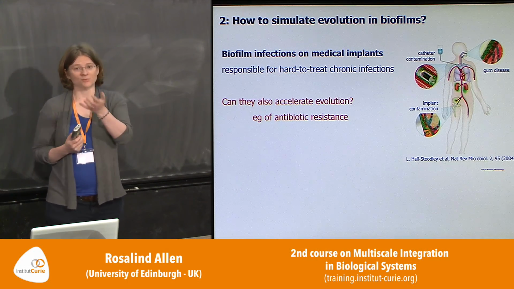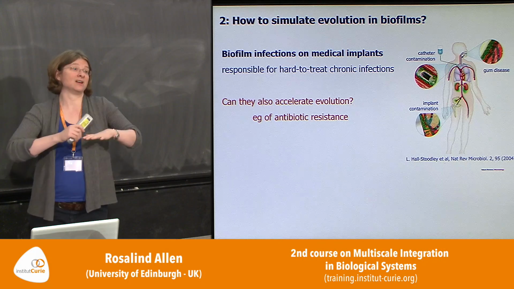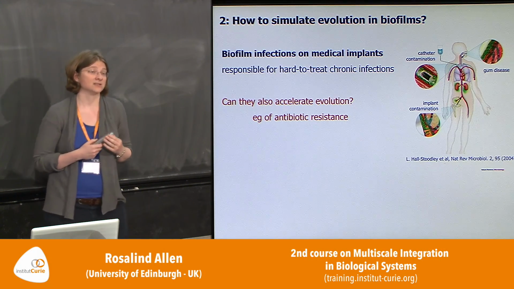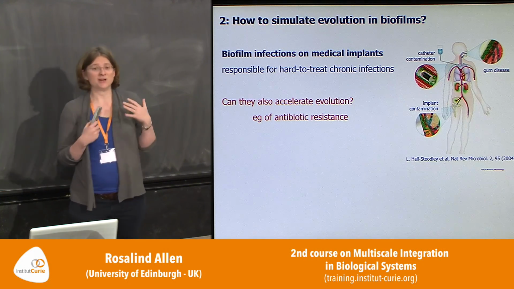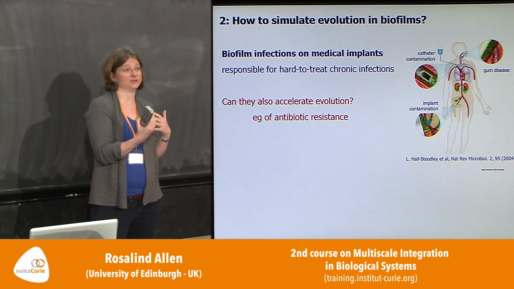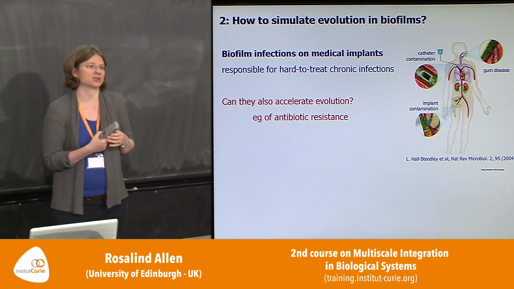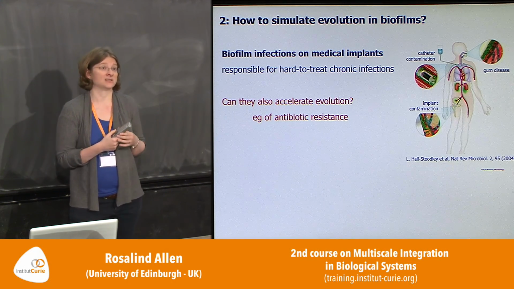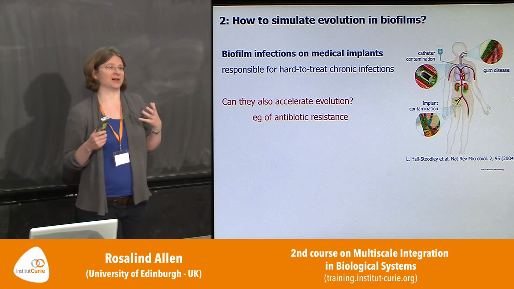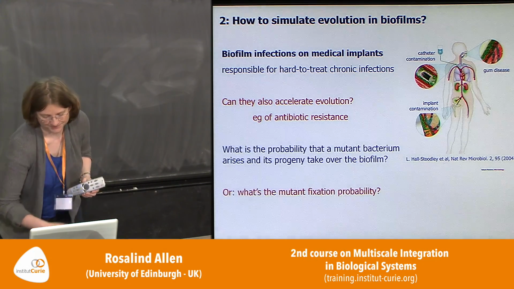But, for example, Bob Austin has done some important work which shows that if you have spatial gradients of antibiotic, that can accelerate the evolution of resistance. We wonder if in these biofilm populations, where clearly you do have spatial gradients of both nutrients and probably antibiotic, that can also accelerate the production of genetic mutants which might be resistant to antibiotic. So we wonder whether these biofilm infections might be a kind of dangerous source of resistant bacteria.